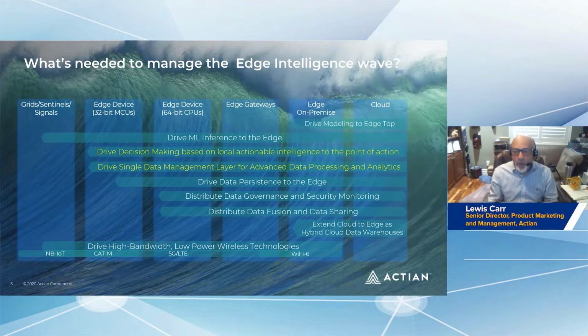And then above that, we of course have the cloud. The point is that across all of this, there is a communication, a sharing of data, a distributing of not just the data, but the actual applications.